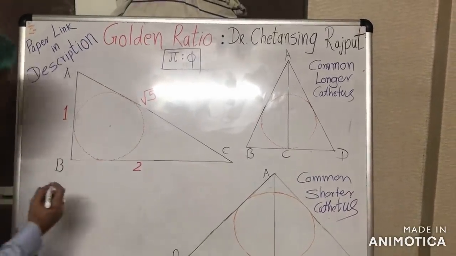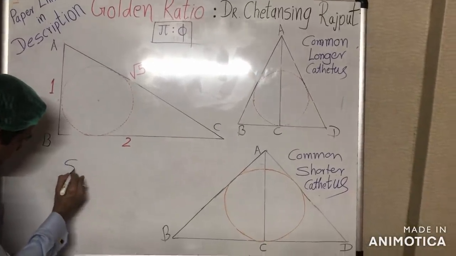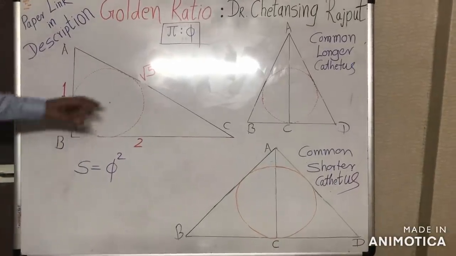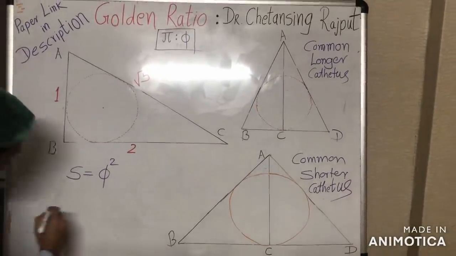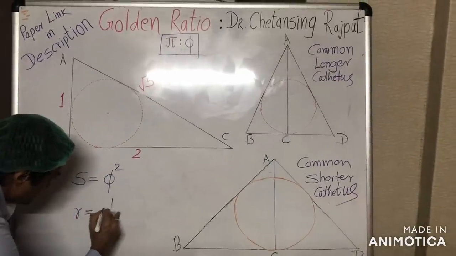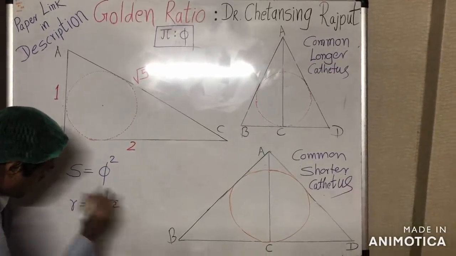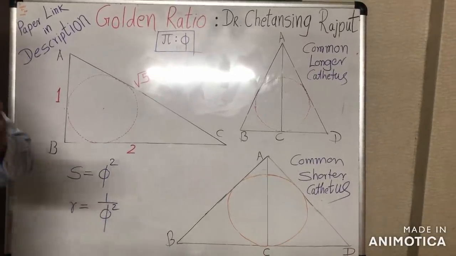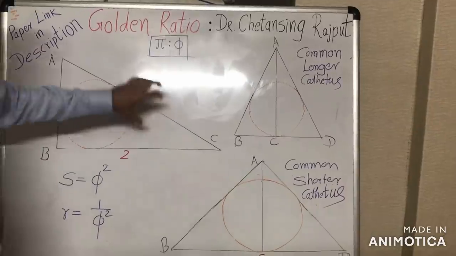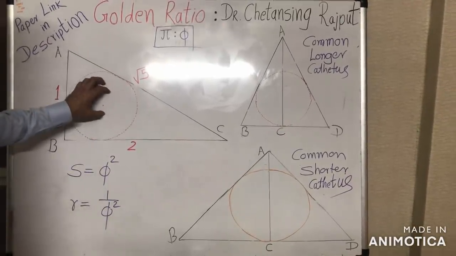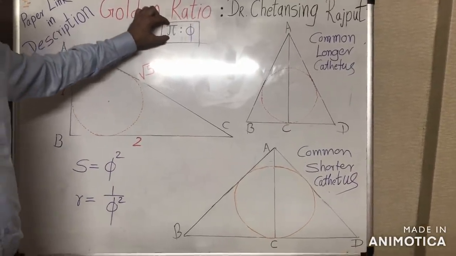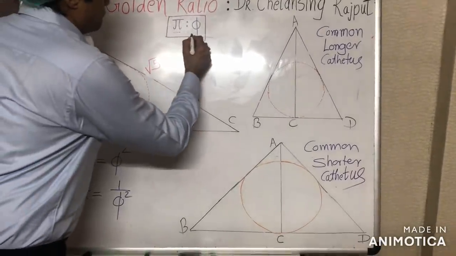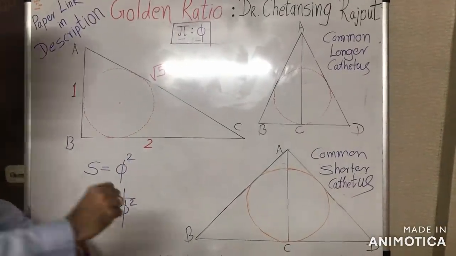Like the semi-perimeter of this triangle is equal to the square of golden proportion, or the inradius of this triangle is equal to the inverse of the square of golden proportion. Okay. In such case, if we incorporate the incircle in this triangle, with incircle naturally pi enters the picture, and thence we can derive the precise pi-phi correlation like this.